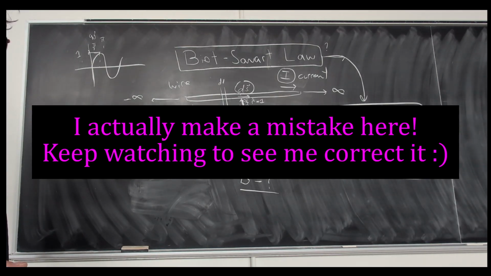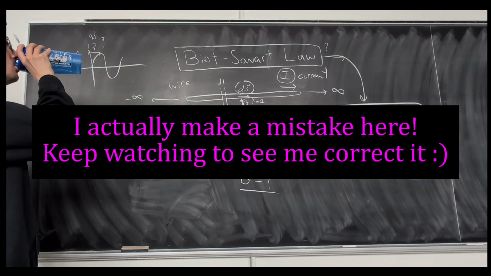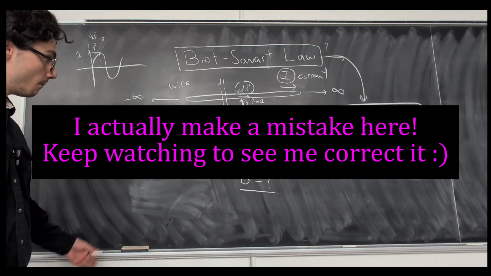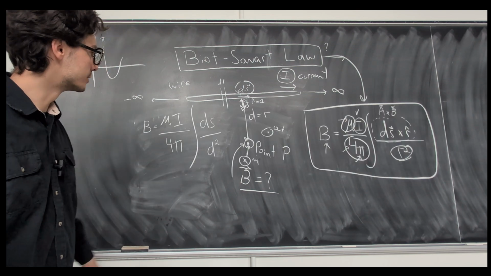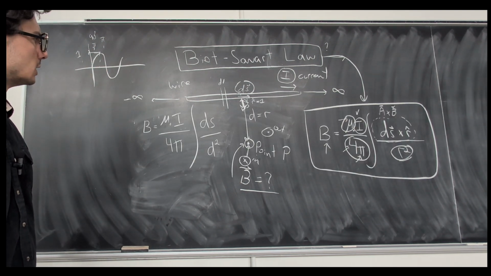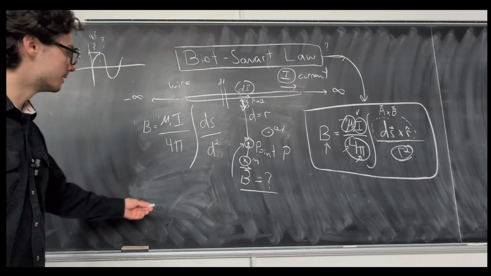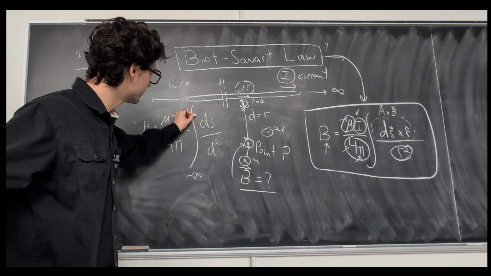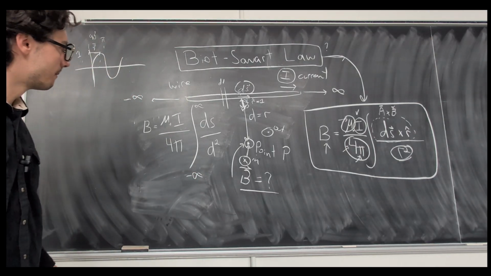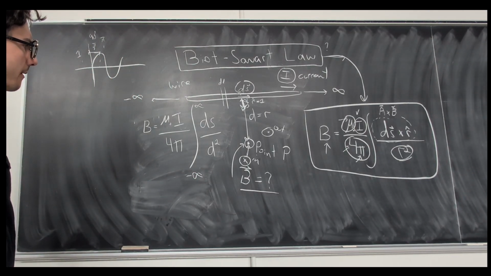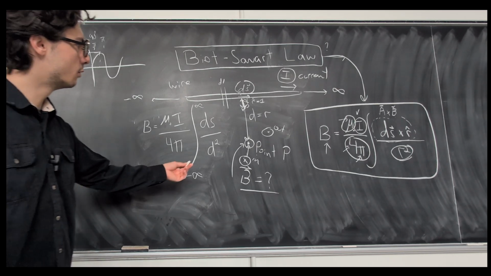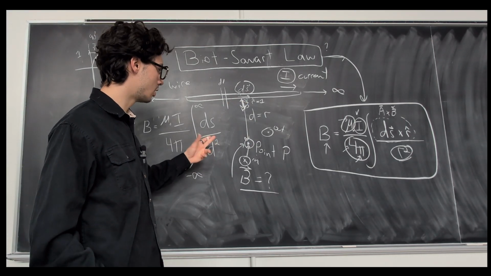What do we do from here? Well, we have to integrate, which is actually not the best. And another thing is the integration bounds here are from negative infinity to infinity. Okay, but what we can say is d is a constant, right?